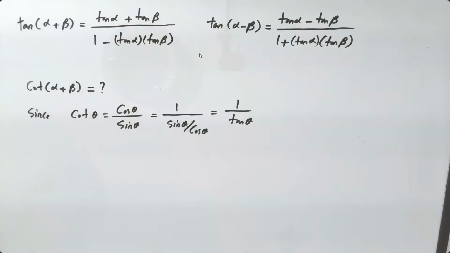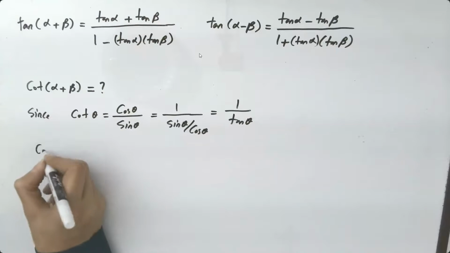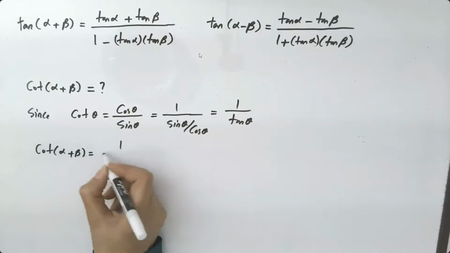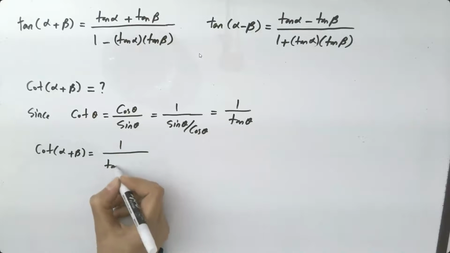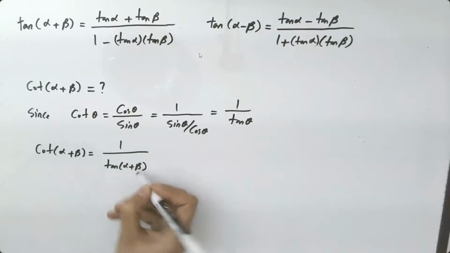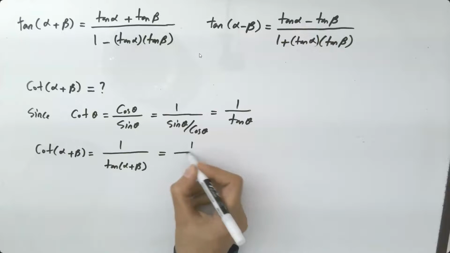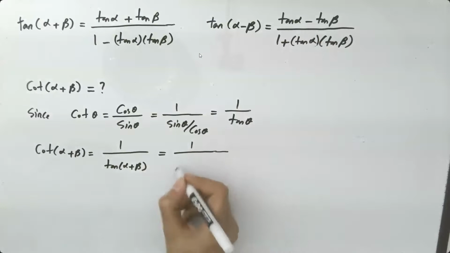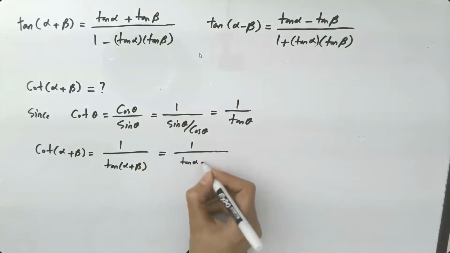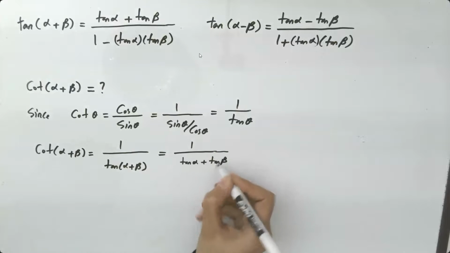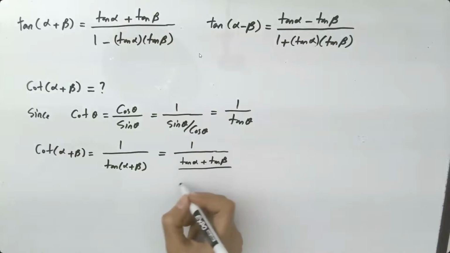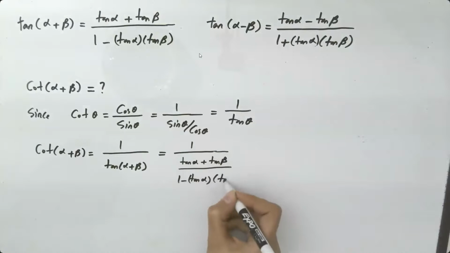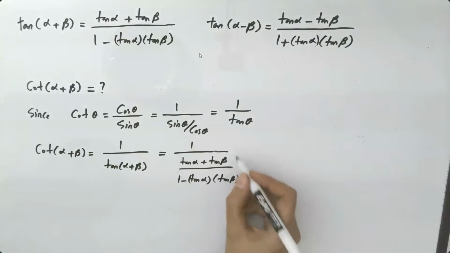So what do I mean by that? Cotangent of alpha plus beta is 1 divided by tangent of alpha plus beta, which is equal to 1 divided by this big fraction, tangent of alpha plus tangent of beta divided by 1 minus tangent alpha times tangent beta.